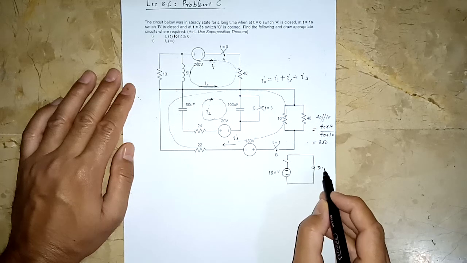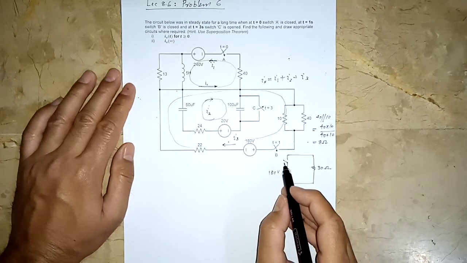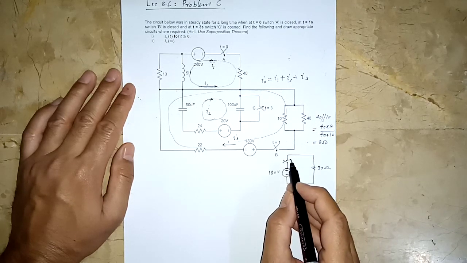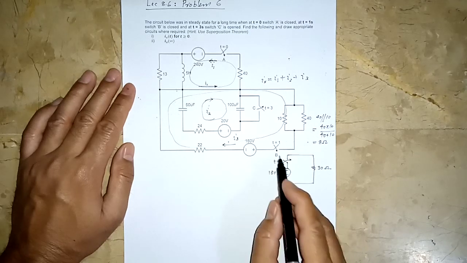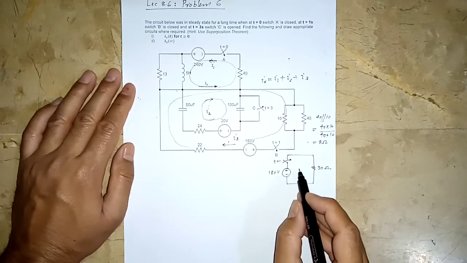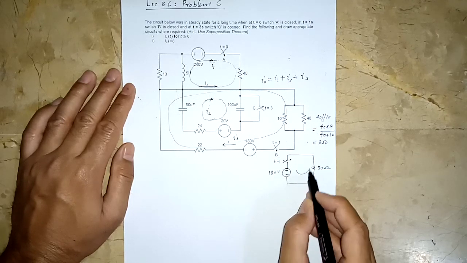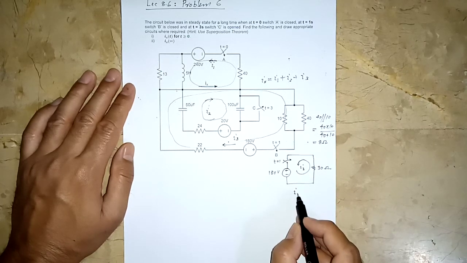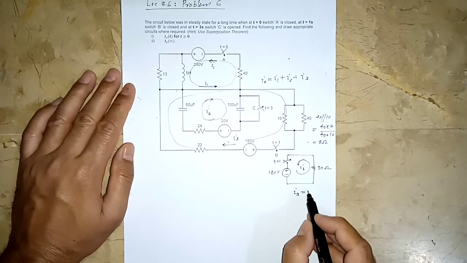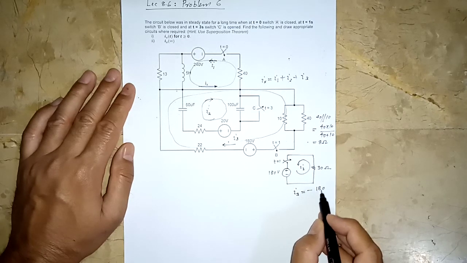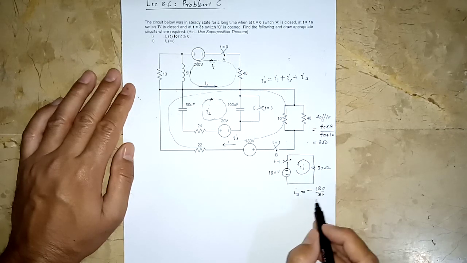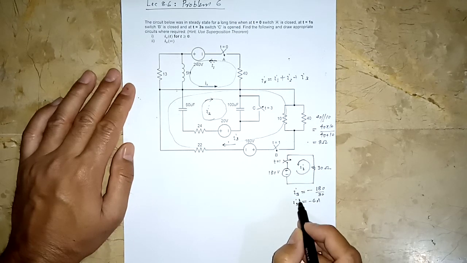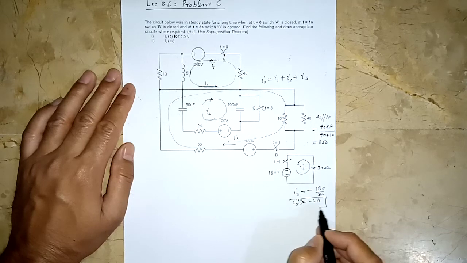So it's a 30 ohm resistor, and a switch that closes at t is equal to 1, switch B. And we have to find the expression for this current, I3. So I3 would be equal to minus 180 over 30, minus because of passive sign convention, or minus 6 ampere. So I3(t) is a constant current.